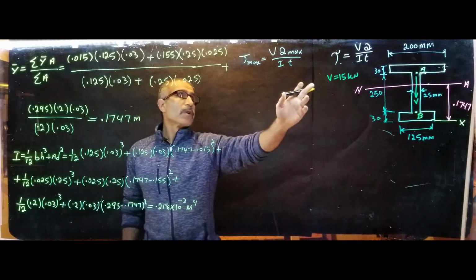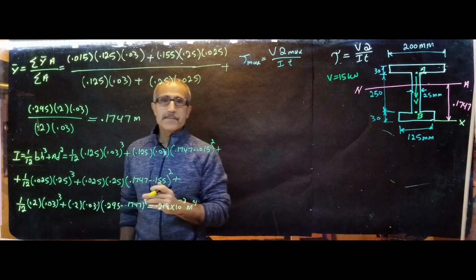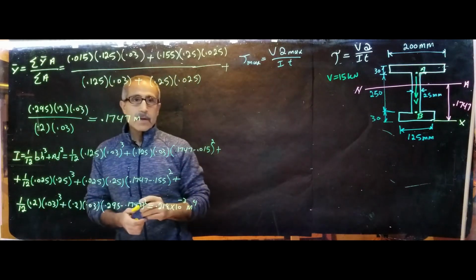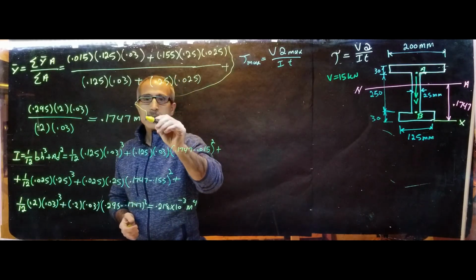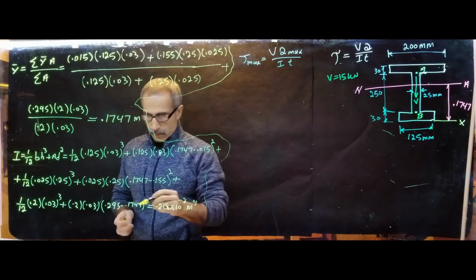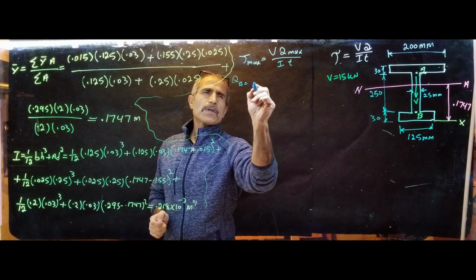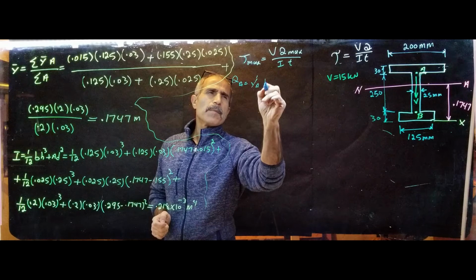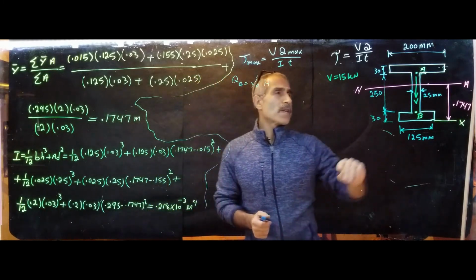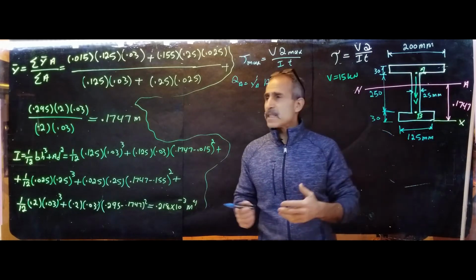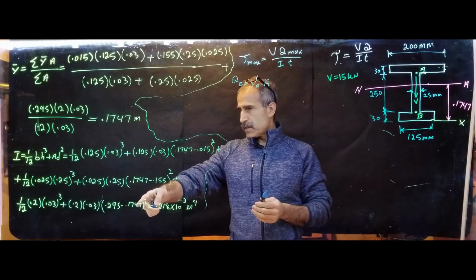All right, so we found everything. Now we've got to find QA and QB. Let's make room here so I can use the space efficiently. What's QA? First we're going to find QA, which is y prime A times A. And what is y prime A? Look at the QA, and that's the difference. It's the same D we have right here, 0.295.